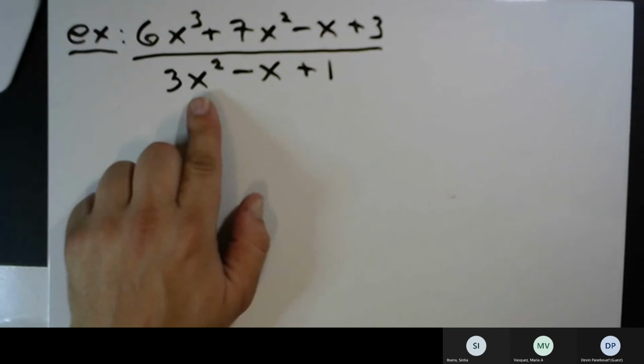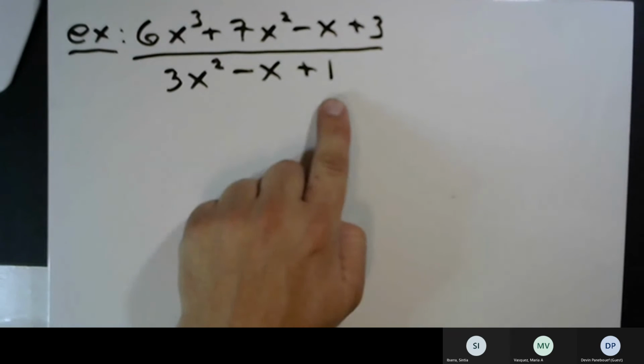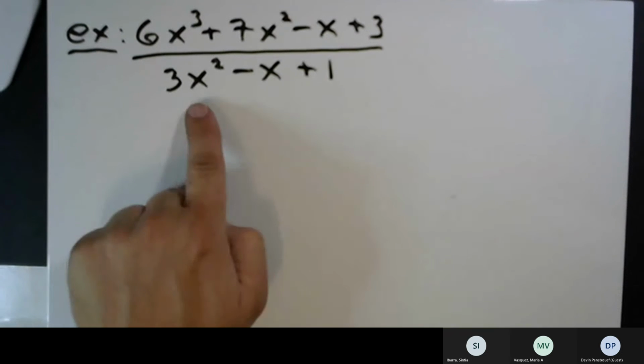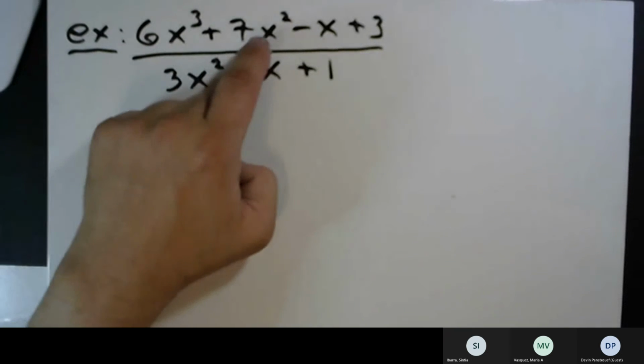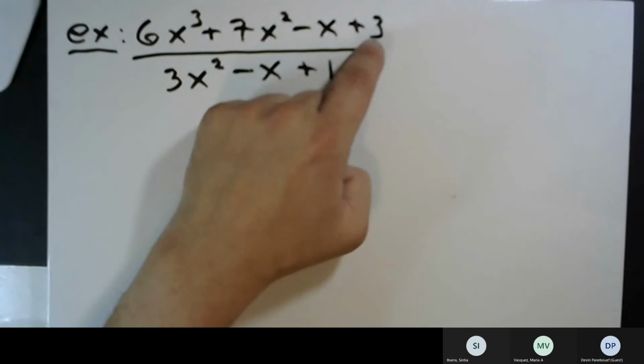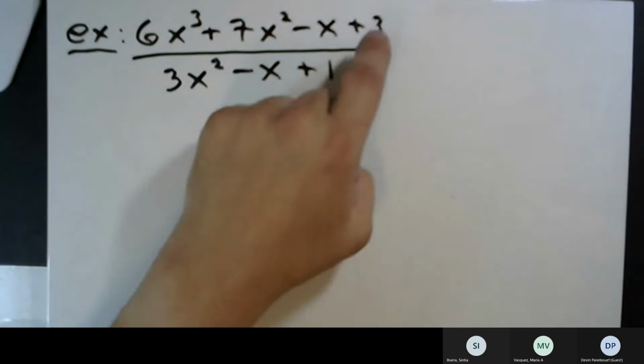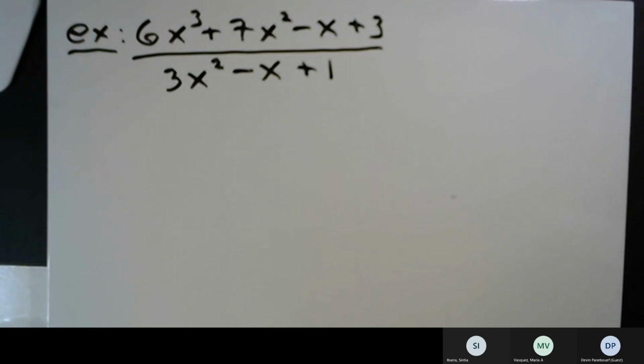No, we got degree 2, degree 1, degree 0, and it's in standard form. Degree 3, degree 2, degree 1, degree 0. It's decreasing left to right in degree. So this is perfectly fine. So we can just go right to the division.